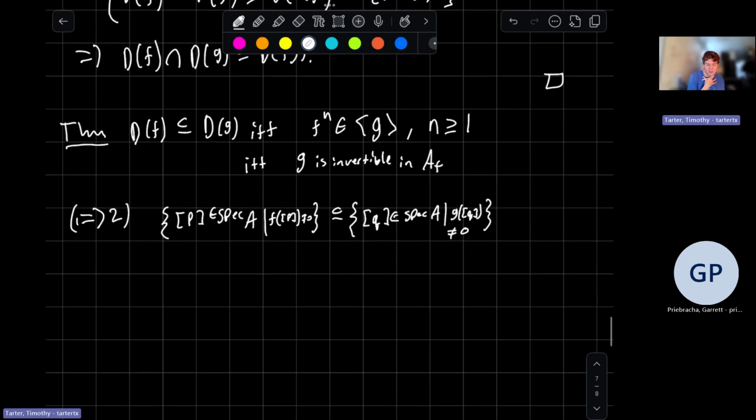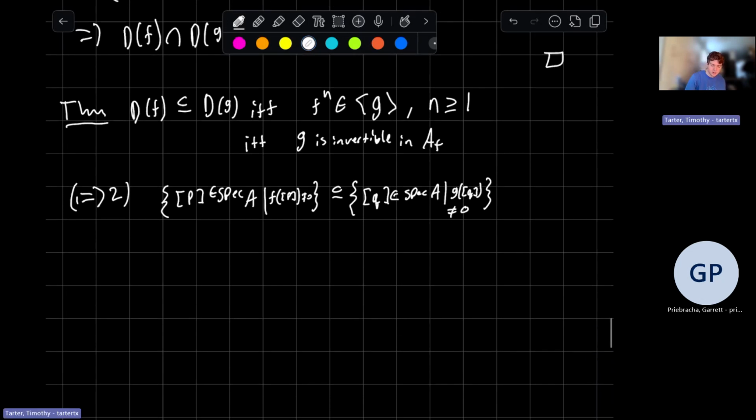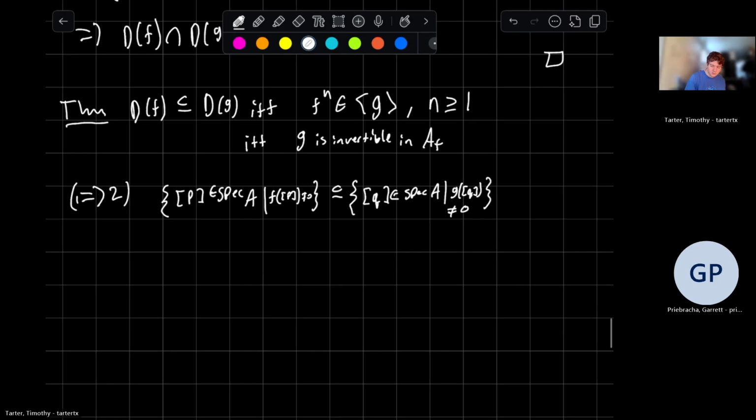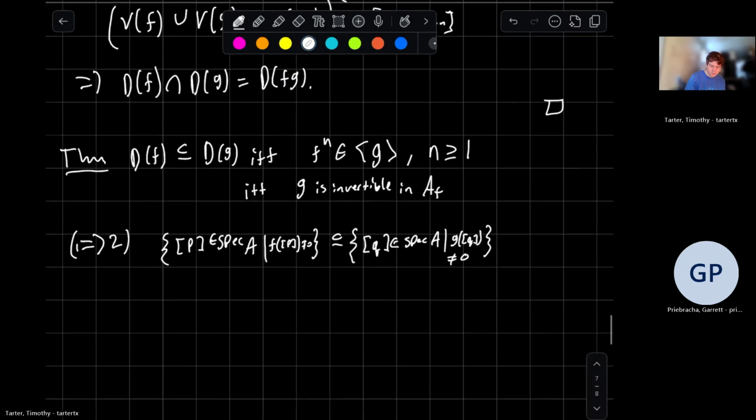And so then I have no clue how that implies number two.